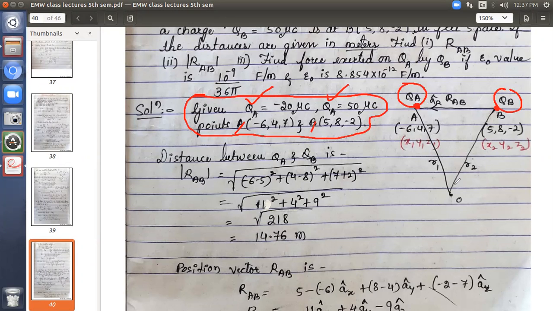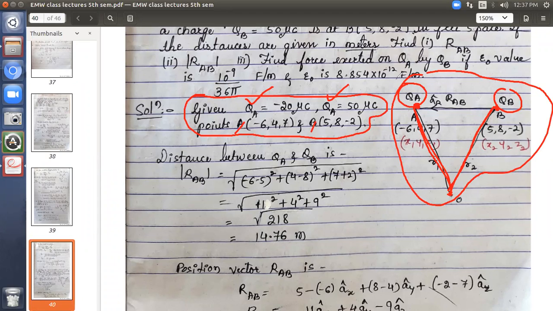Now, if I consider O as the origin, this line represents the distance between the origin and the first charge QA. This line represents the distance between the origin and the second charge QB. So this is the pictorial representation of the given problem, presented in the form of a diagram.